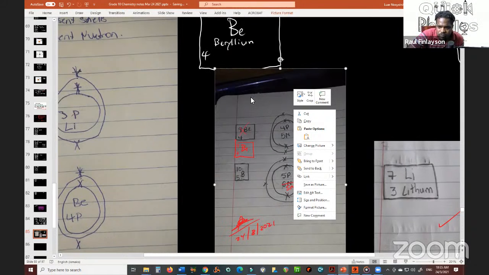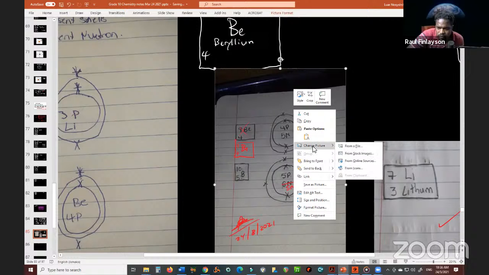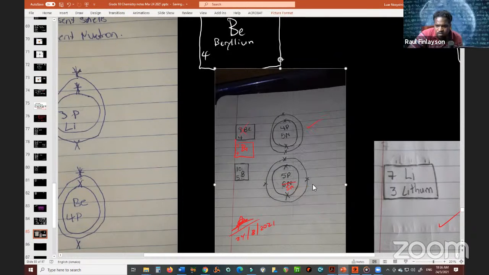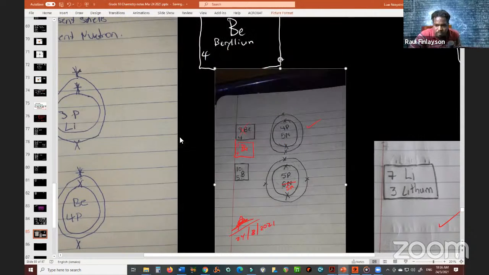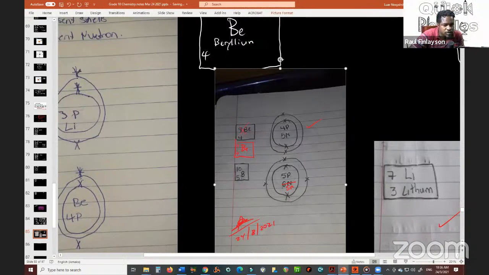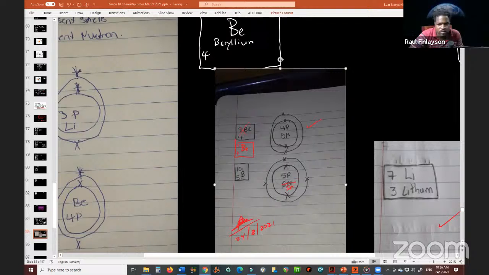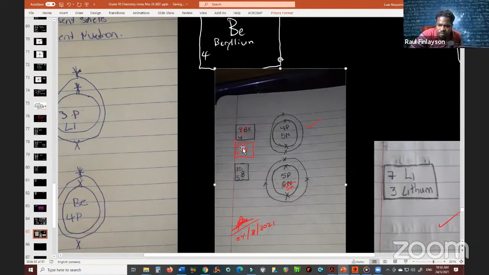All right, so let's save this as a picture. All right, so then see that. I'll send this. If I group everything, I just send back the picture.